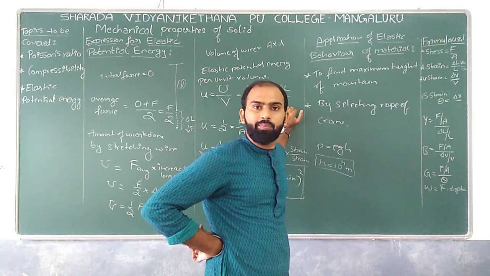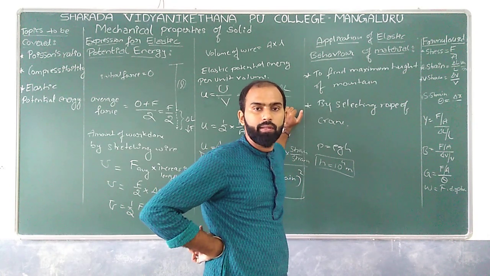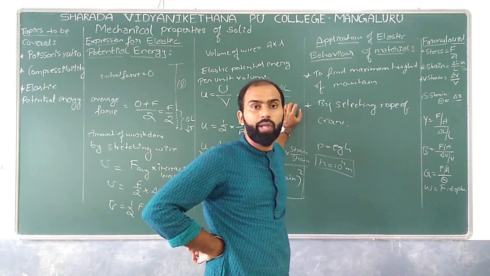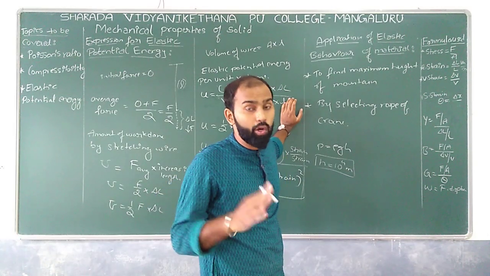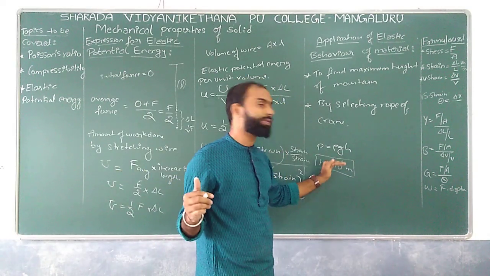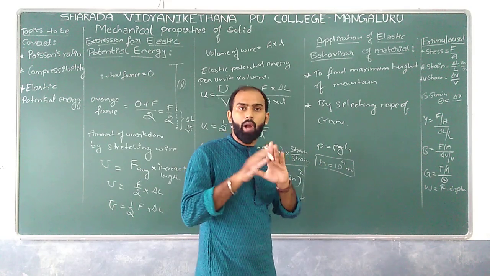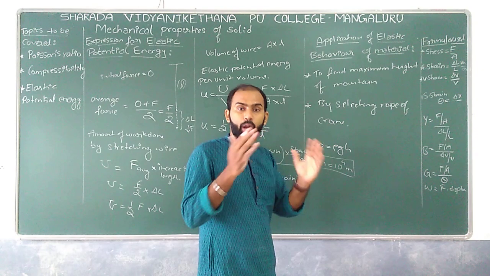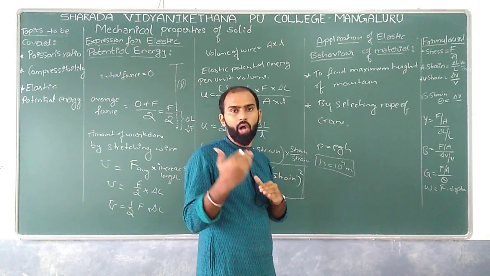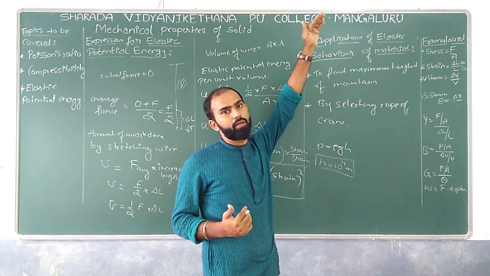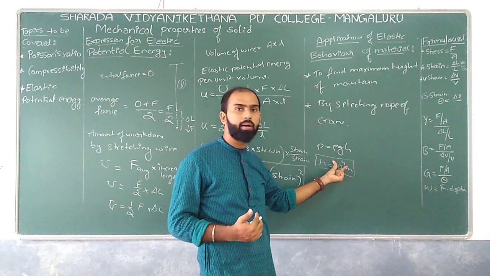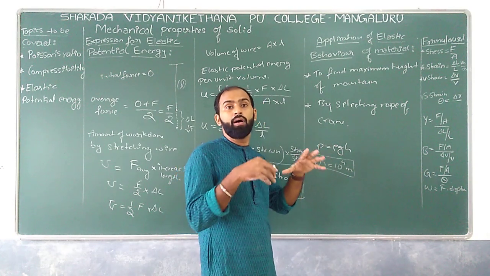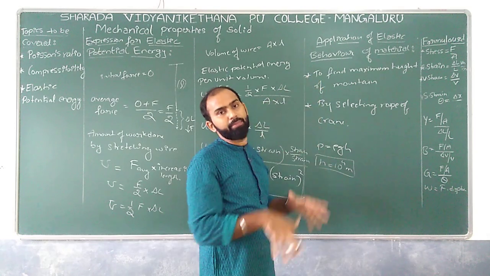And you know what the maximum height of a mountain in the world is right now? That is Mount Everest, which is around 10 kilometer, right? So obviously that is less than this. Based on the elastic property of the material, we get to know how much height it can take. If it crosses this particular height, then by its own weight it is going to collapse.